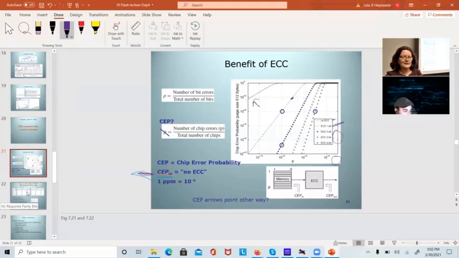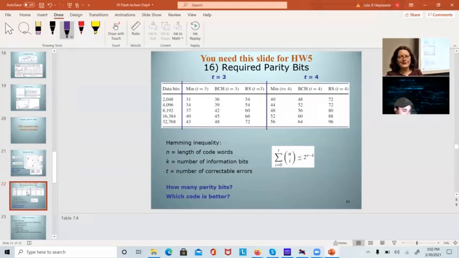It's bad. This is another slide you're going to need for homework 5. This is again from the Micheloni book in chapter 7. I highly recommend getting out that page of the book on the PDF and looking at this when you're doing this homework problem. You have to get straight what these variables are.